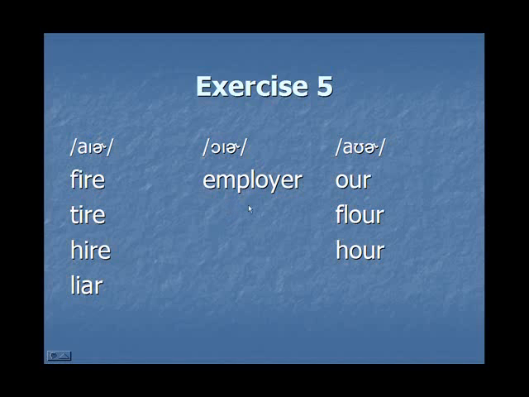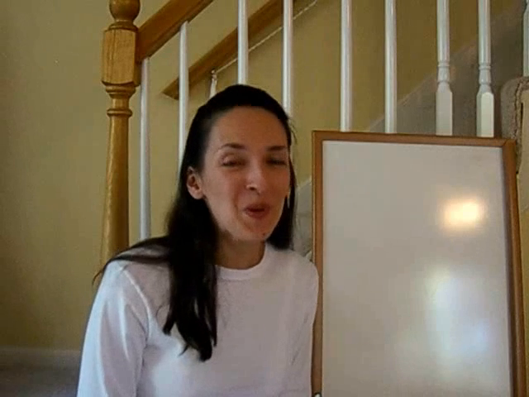Repeat after me. Employer. In this last group, the words have 2 syllables. Repeat after me. Hour, flower, hour. Note that the first and the last word here sound exactly the same. They're just spelled differently. Let's try one more exercise.